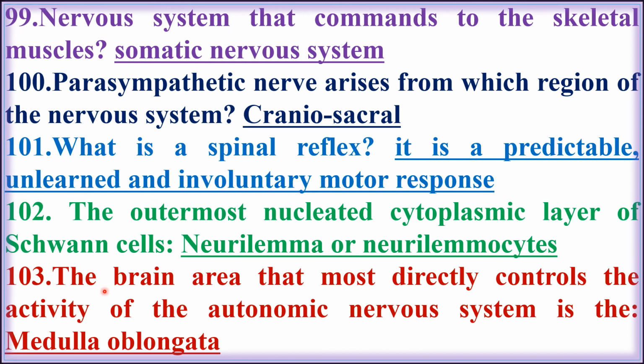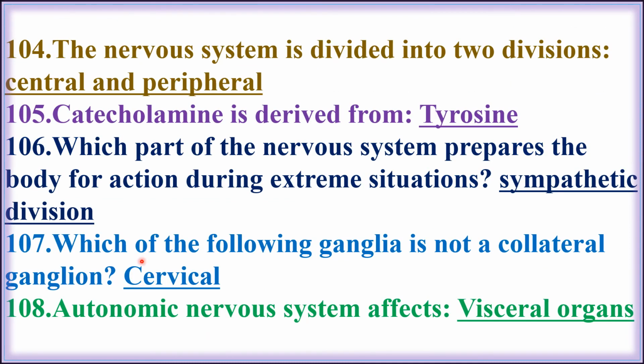Next, the brain area that most directly controls the activity of the autonomic nervous system is the medulla oblongata. Next, the nervous system is divided into two divisions, that is central and peripheral.